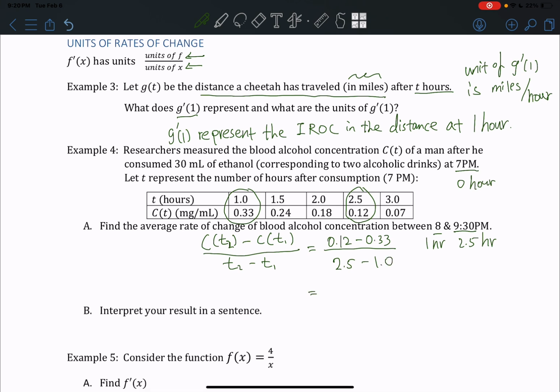And that's equal to negative 0.21 over 1.5.